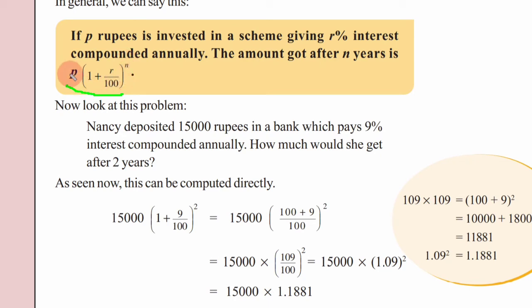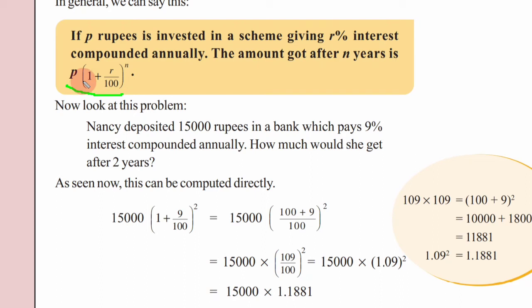So if we substitute the values P, R and n in this equation, we can find out the amount that we got after n years. Okay. So the amount that we got after n years is equal to P into 1 plus R by 100 raised to n. This is the equation to find compound interest or the amount after n years.